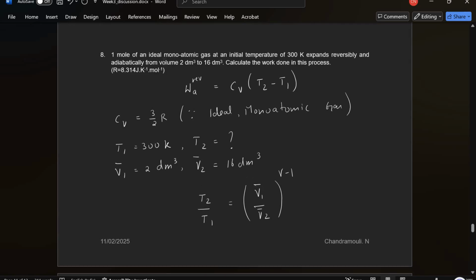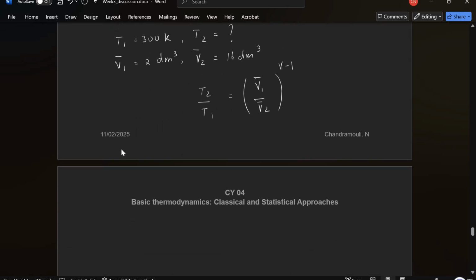So I've been trying to find the work done for a reversible process going from one volume to another. All right. So now for a monatomic ideal gas, gamma is equal to 3 by 5, right?